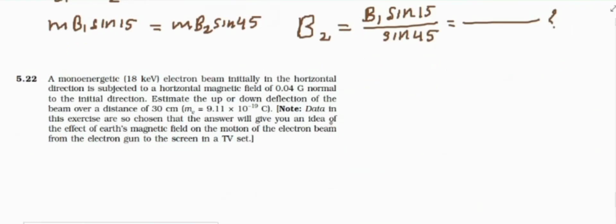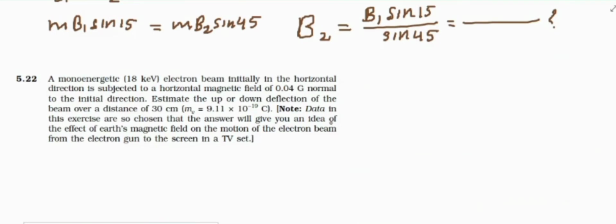Then, next, question 22. A monoenergetic electron beam with 18 kilo electron volt energy, initially in the horizontal direction, is subjected to a horizontal magnetic field of 0.04 Tesla.